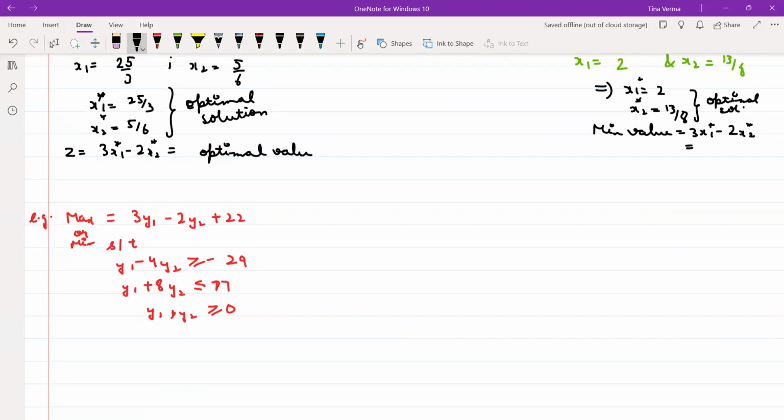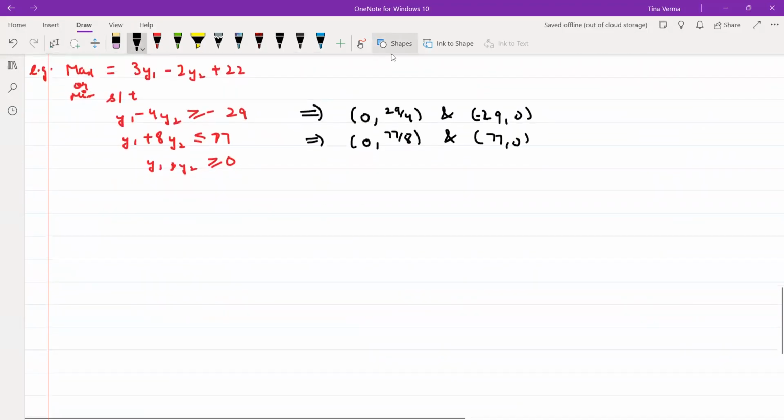Since we have solved this problem, इस लाइन के टूवर्ड्स हमें पॉइंट्स क्या मिले थे, that is 0,29/4 and 1 point I got as -29,0. And for this we got 1 point as 0,77/8 and we got the same point here, that will be your 77,0. So that we have earlier also plotted.